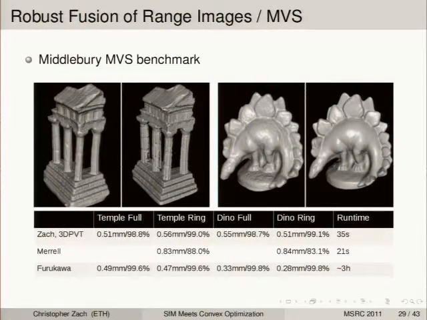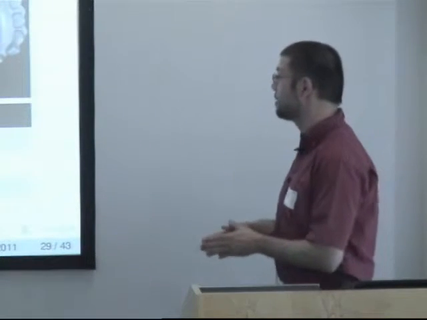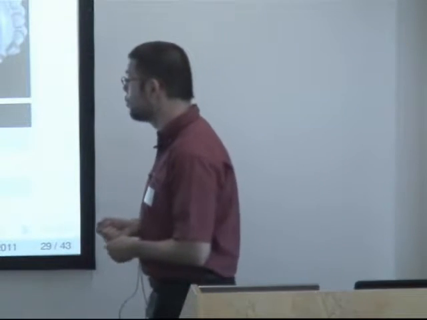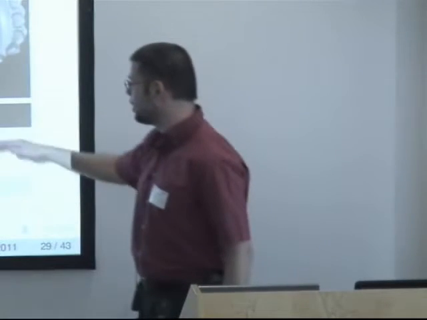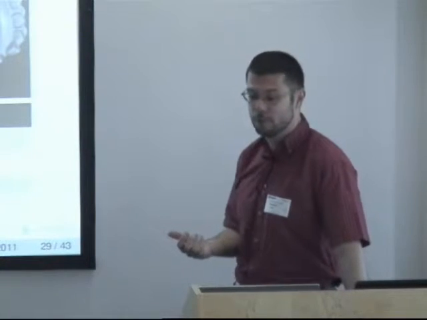I also submitted my results to the Middlebury multi-view stereo evaluation, and I was very surprised that right out of the box we got very nice results, which are not too far away from very sophisticated methods like from Furukawa, but especially a slight reformulation of the problem that's more suitable for GPU implementation.